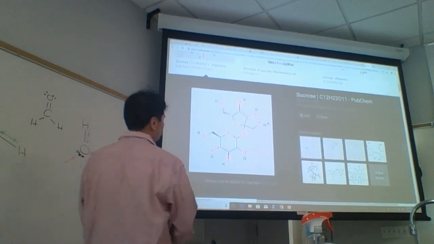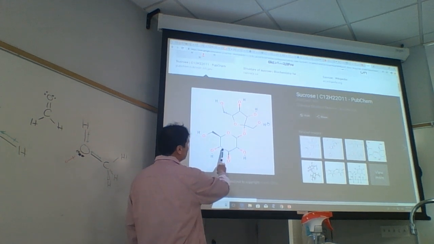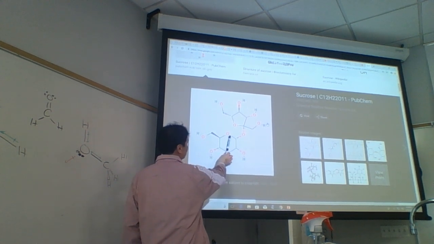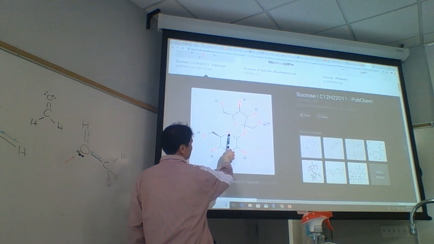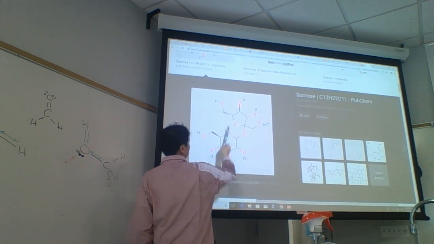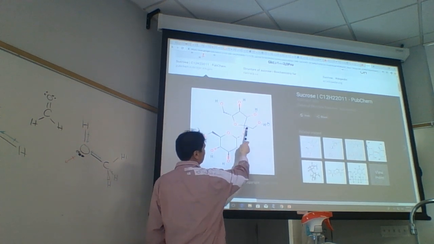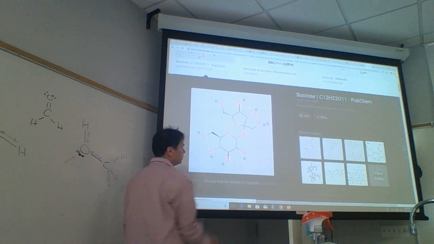It just has that ratio, 2 hydrogens, 1 oxygen. Here they're trying to do a wedge dash type thing. This is a planar ring here, benzene type ring, except it has an oxygen rather than a carbon here. This is also a planar ring here. Well, this is a glucose molecule attached to a fructose molecule. So it's bridged right here, bridging oxygen.